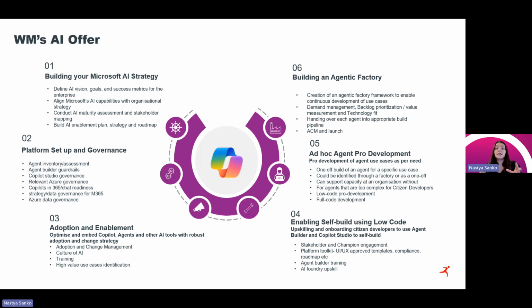You look at the full AI journey, and it consists of 6 pillars. Today we're going to be diving into pillar number 2, which is all about how to set up your platform in a secure and safe way to make sure that you have control over what's happening on your tenant and what agents people are creating without exposing your organization and organizational data to any risk.